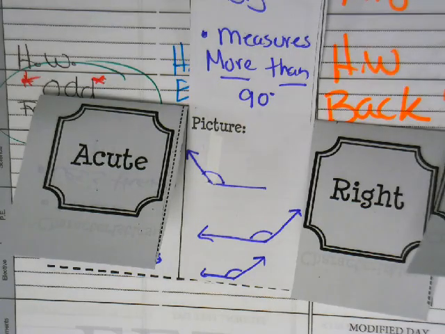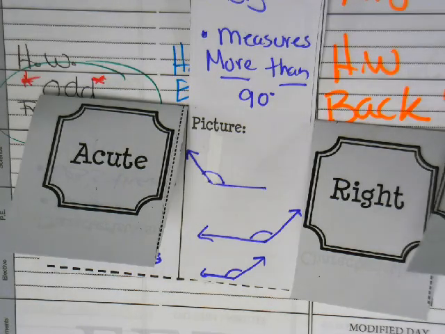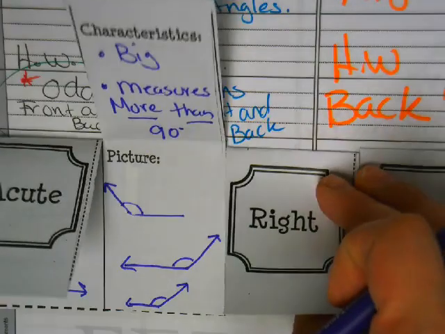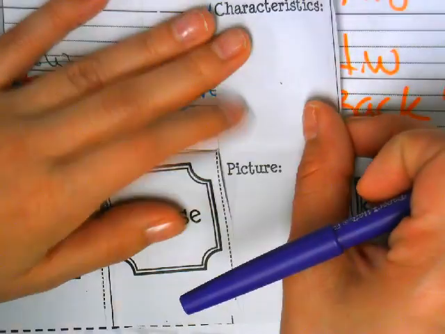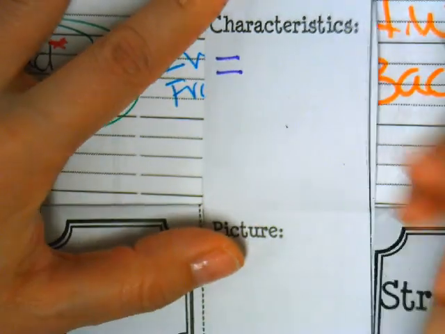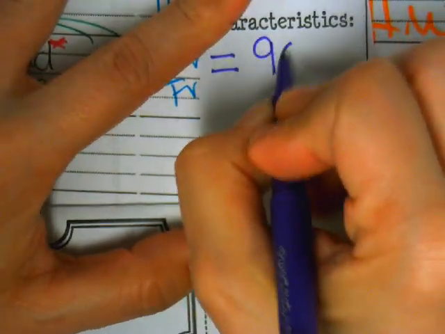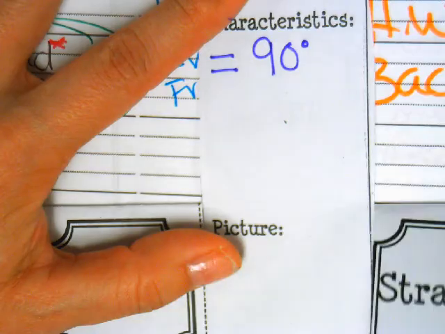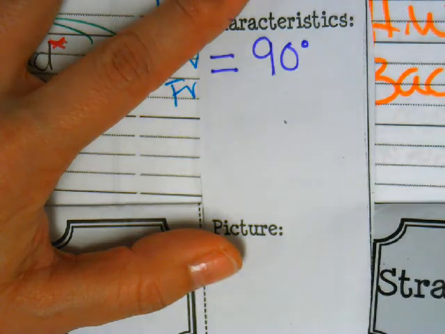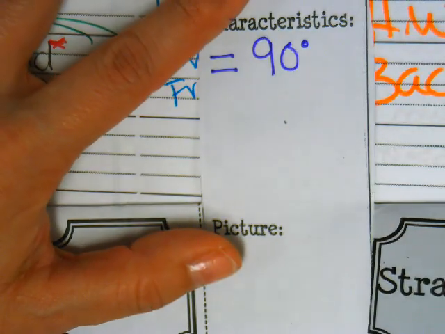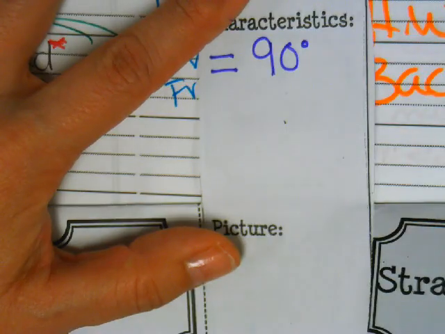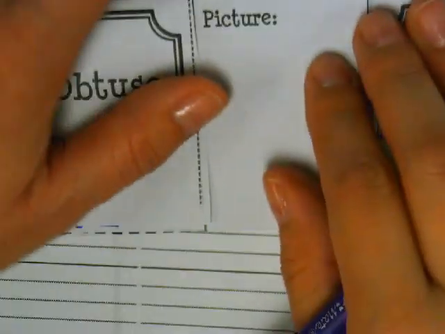Okay. The next one is called right. What's a right angle? It equals 90 degrees. 100% has to equal 90. Now, what does it look like? An L. Very good.